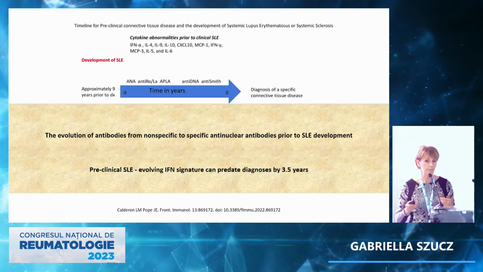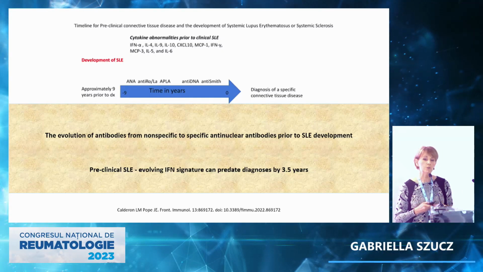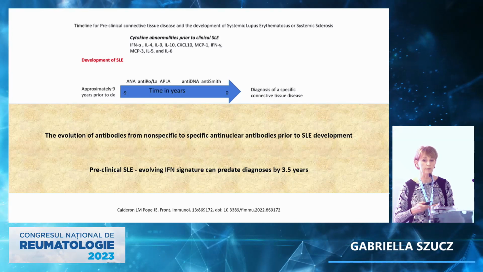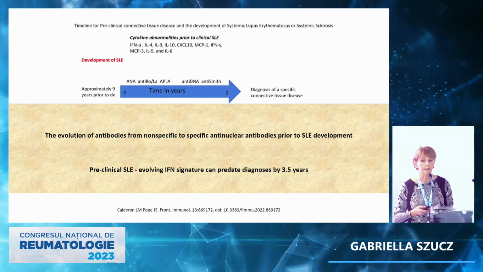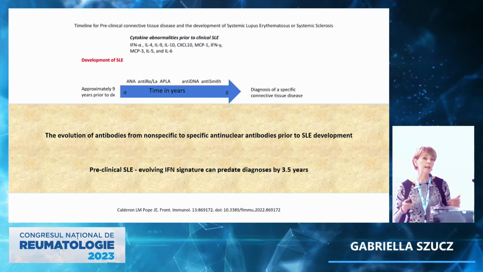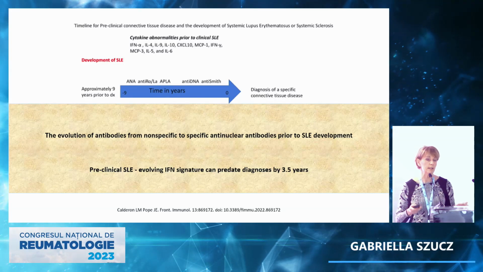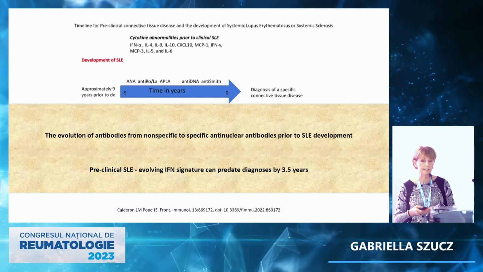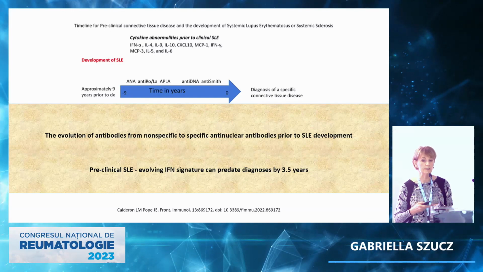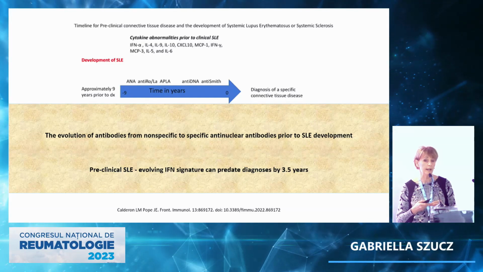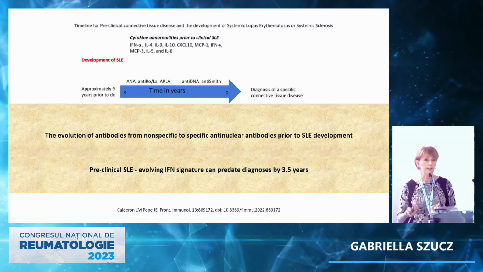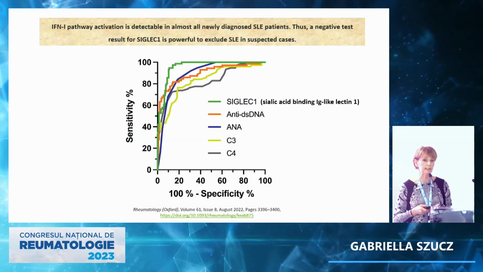Yes, we know some. We know that the evolution of antibodies from non-specific to specific antinuclear antibodies prior to SLE development can occur 9 years before the onset of the definite disease. And the preclinical SLE evolving interferon signature can predate the diagnosis by 3-4 years before the definite disease.